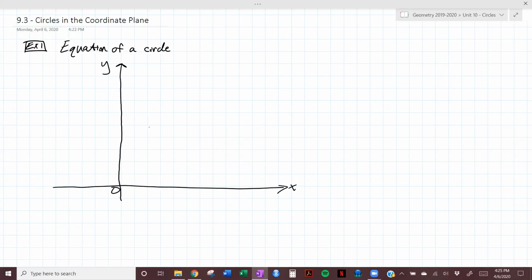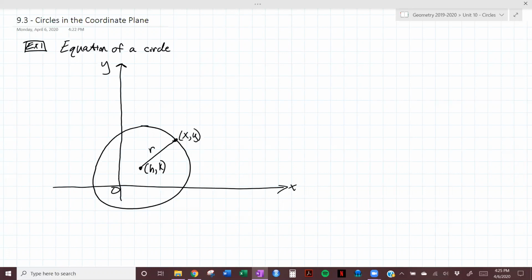And our circle goes something like this. It's got a center right here of h comma k, and it's got a radius r, which goes to points x comma y.